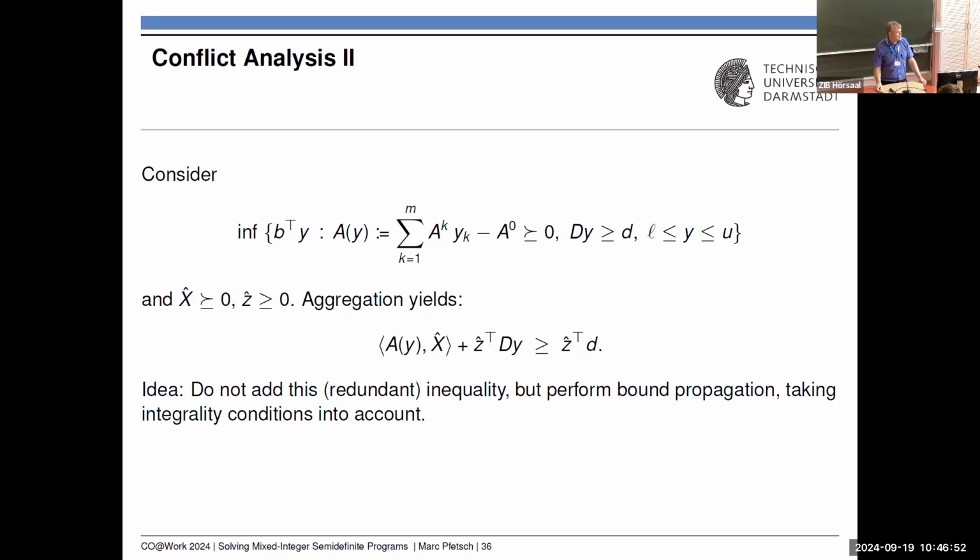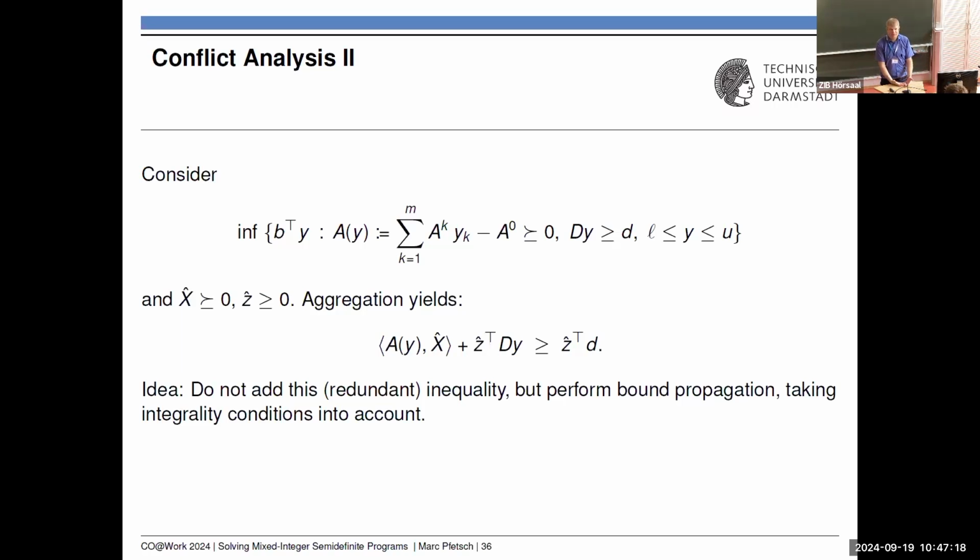Then we can also aggregate the linear inequalities by multiplying with the C hat from the left. So if y is feasible, then this will obviously again be satisfied if I just weigh them and add them up. Of course, what I've just done gives an inequality that is redundant, right?